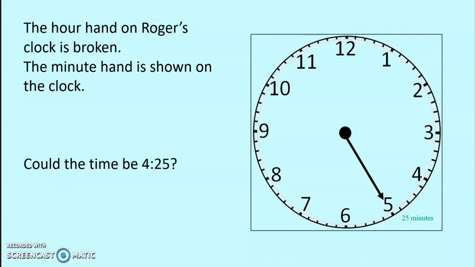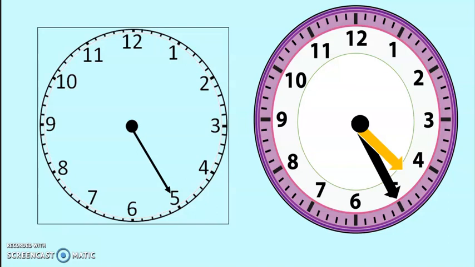So the hour hand would be a little past the 4, since it's 25 minutes past 4 o'clock. This is what the clock would look like if it was 4:25. Do you see that the hour hand is past the 4 and the minute hand is on the 5, showing 25 minutes past the 4 o'clock hour?